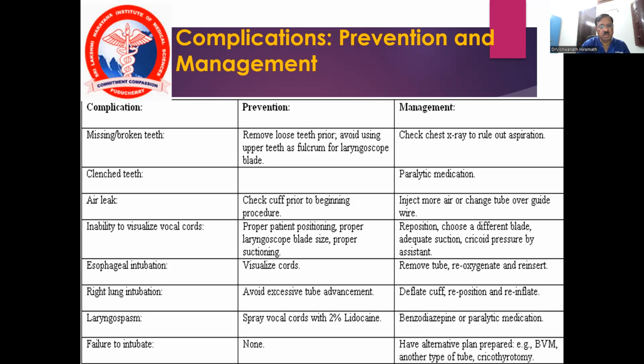When you cannot intubate, better to go back to bag mask ventilation and call for help if there is no immediate senior available. Do not attempt repeated intubation, which may result in problems leading to cannot intubate, cannot ventilate.